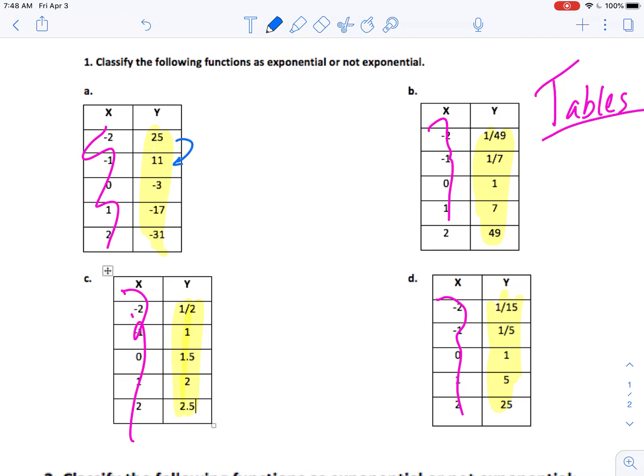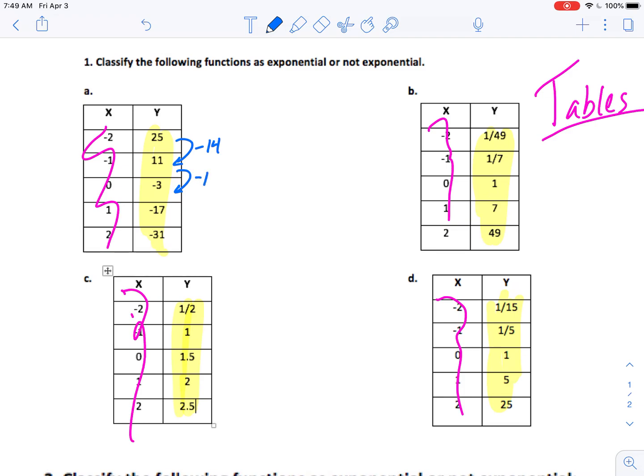And I'm going to look at, am I multiplying by the same number every time? Am I taking this first y number and multiplying it by some number to get the next one, and then multiplying that by the same number and by the same number every time? So we're going to see, how is this changing?